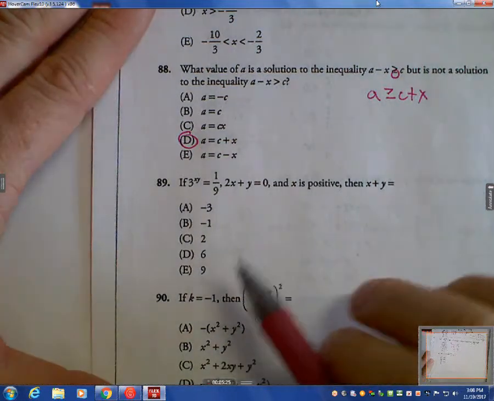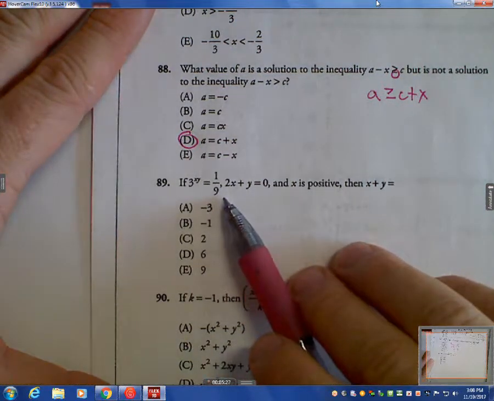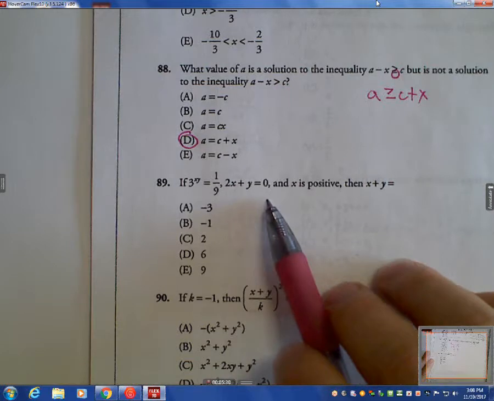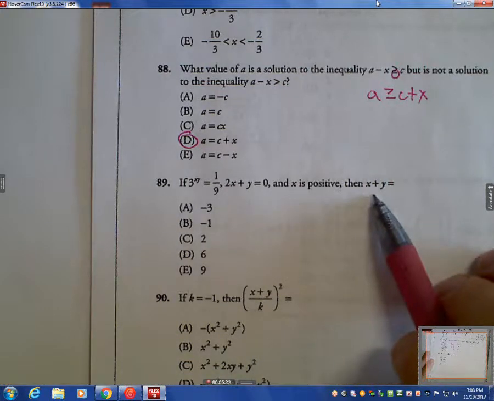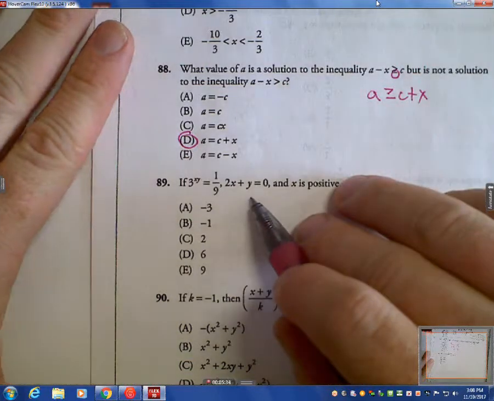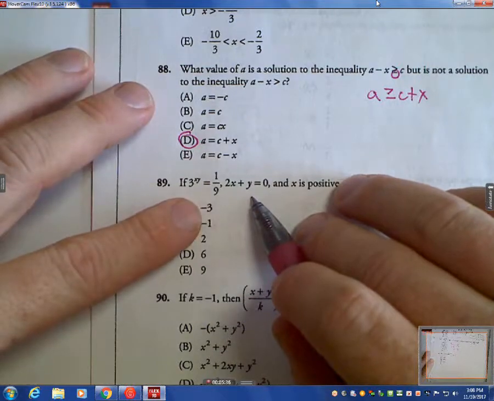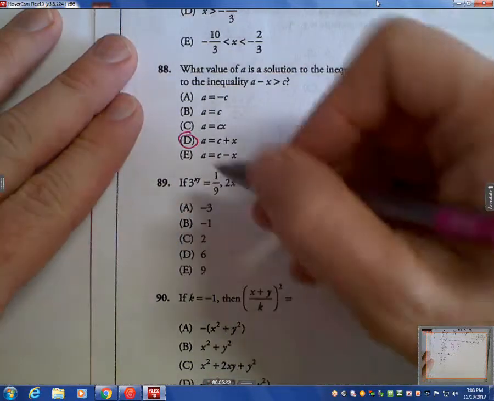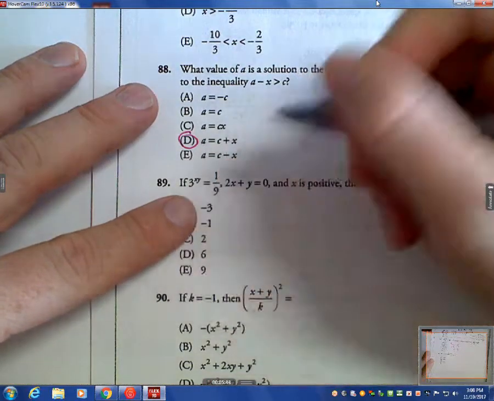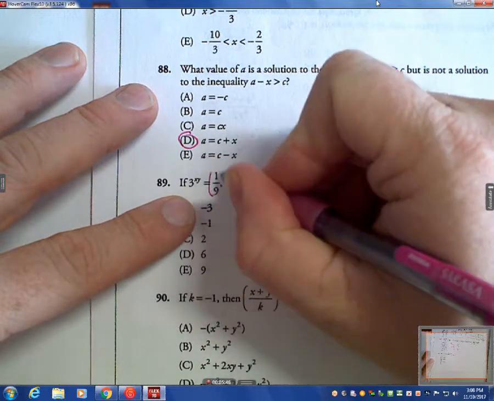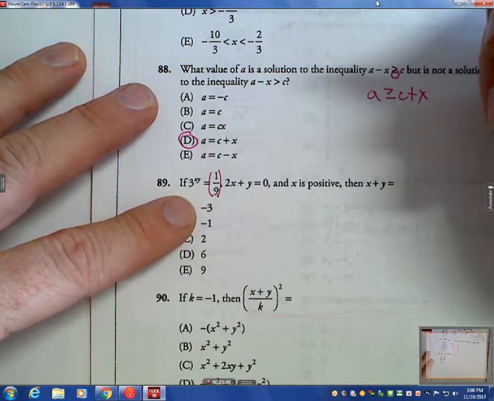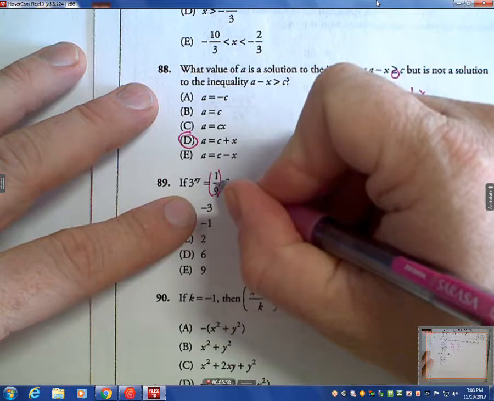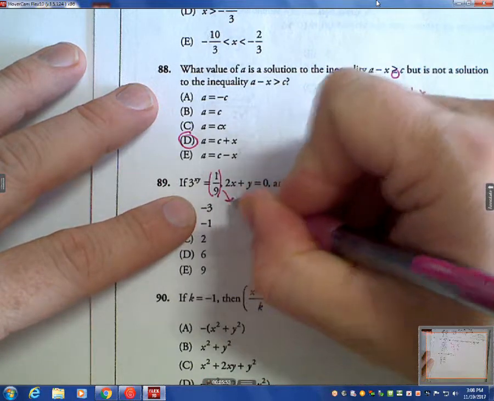If 3 to the xy equals 1/9, 2x plus y equals 0, and x is positive, then x plus y. The first thing I need to do is solve. But how am I going to solve this? I know that 1/9, this is actually Algebra 2, is 1/3 squared.